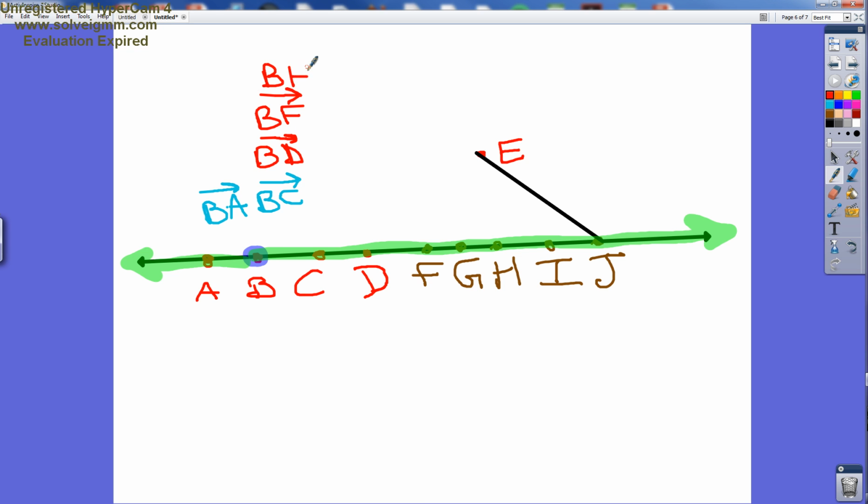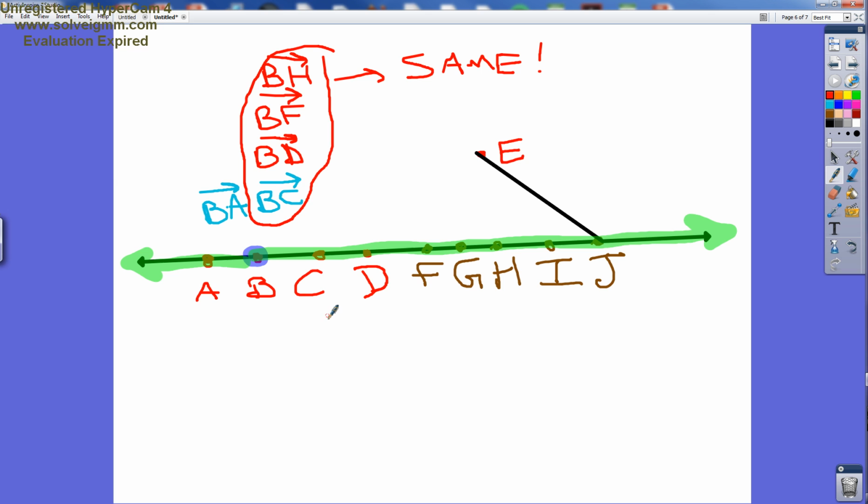All of these are different names for the same thing. And the reason that they're the same thing is because, again, this second letter only tells you which direction you're going. So if you're going in the direction of C, that's also the direction of D, or F, or H.